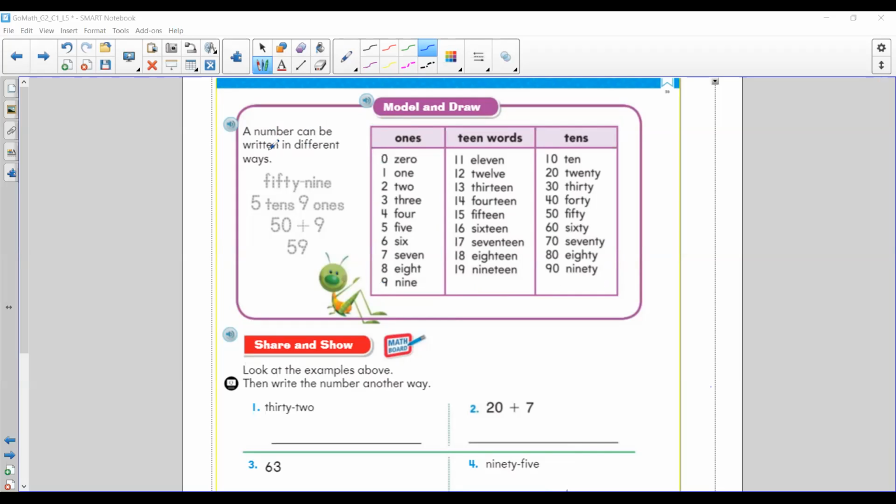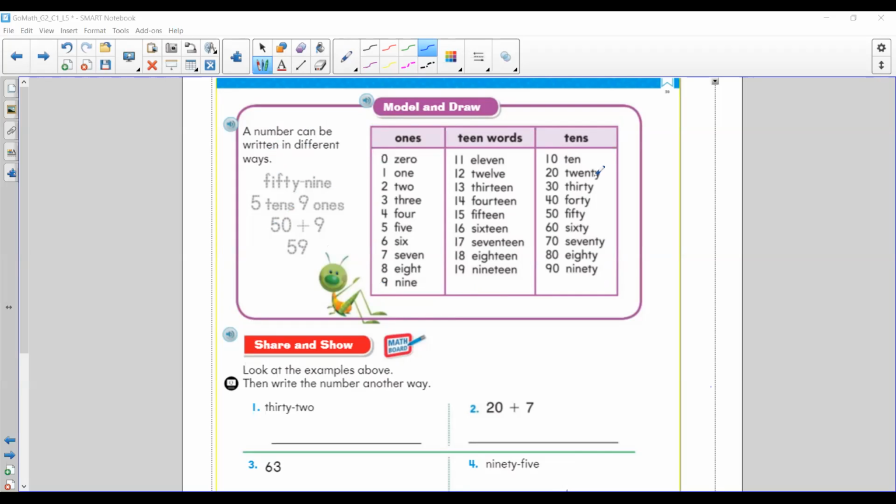So a number can be written in different ways. It can be written as 59, and you can trace that, or it can be written as 5 tens, 9 ones, or it can be written 50 plus 9, or just 59. So a new way that we're going to write it is the word form, fifty-nine.